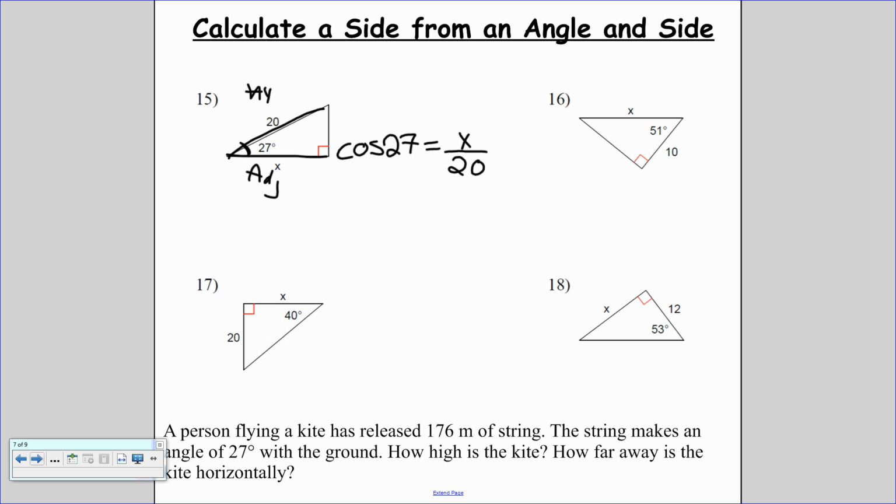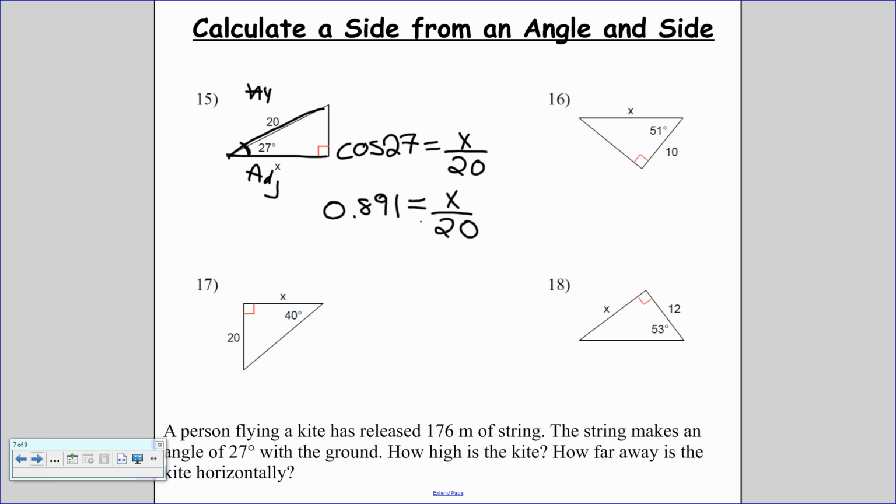Okay, so we take the inverse cosine to take it out of cosine, or we want to put it into cosine. We have the angle, we want to put it in. So we're going to do cosine of 27. Actually type cosine 27, enter into your calculator. And you're going to get 0.891 is equal to x over 20.